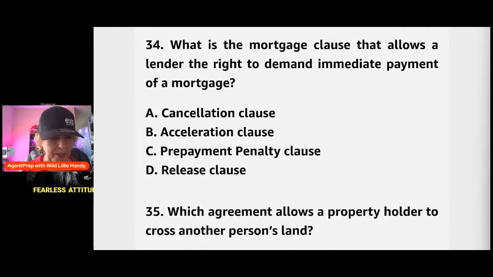Lisbeth is on the ball here. The acceleration clause. Very good. Right, the lender can put the metal to the pedal. So it's included in the deed of trust or the mortgage explanation as to what the lender can do if somebody is late or in default.